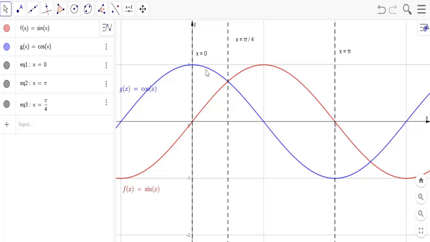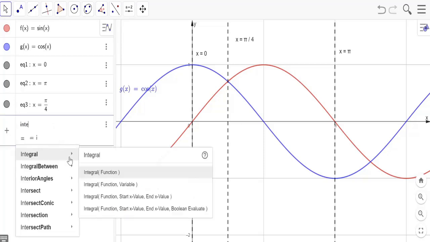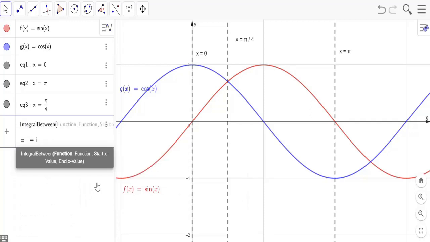Over this region, as you can see, the upper curve is g(x) and the lower curve is f(x). So I will use the syntax integral between, and here, since the upper function is g(x), the first function is g(x), the second function f(x), the start value will be 0 and the end value will be pi by 4.